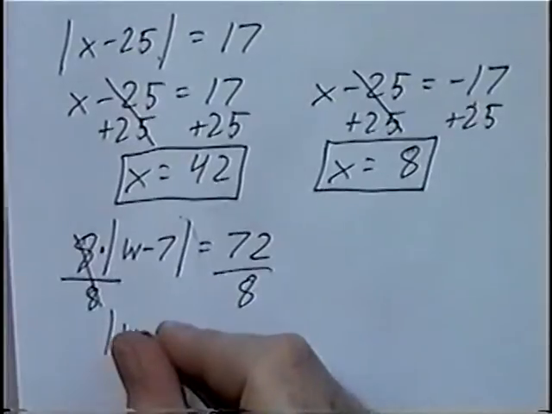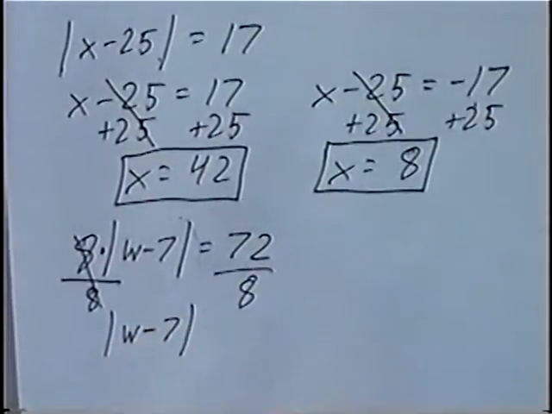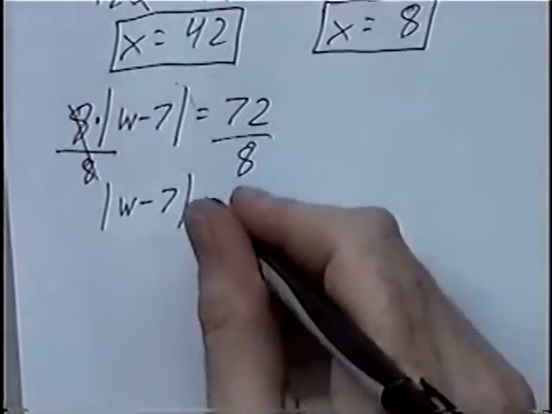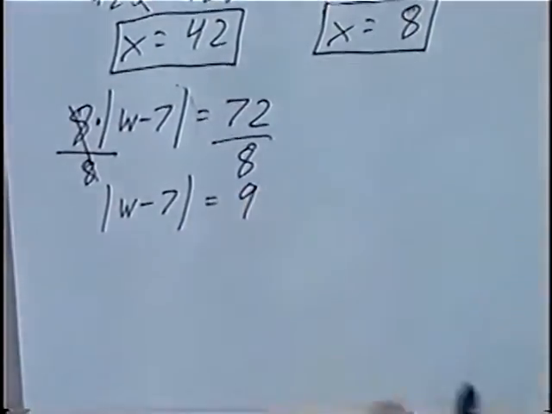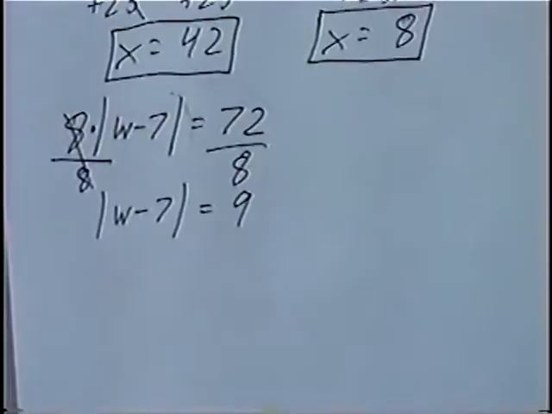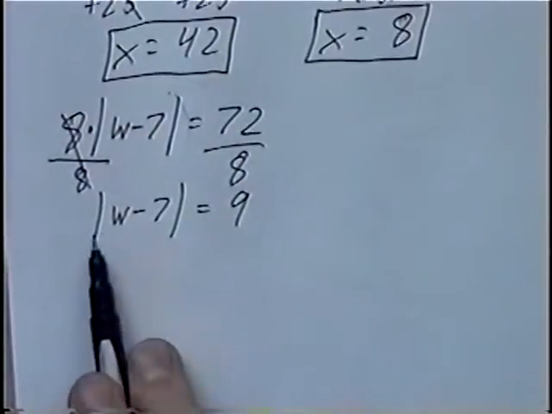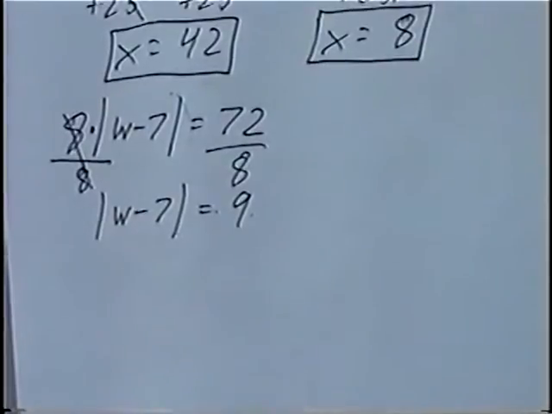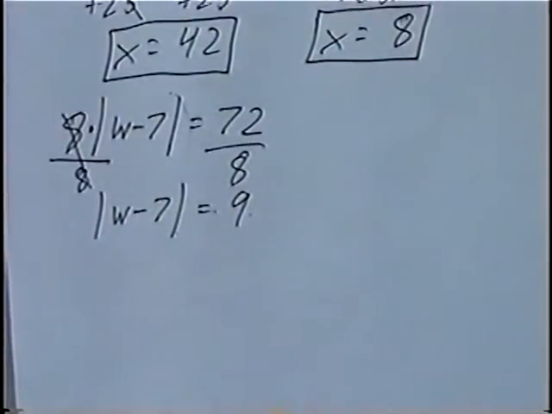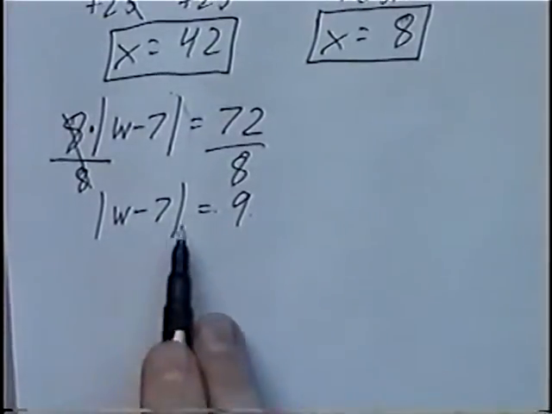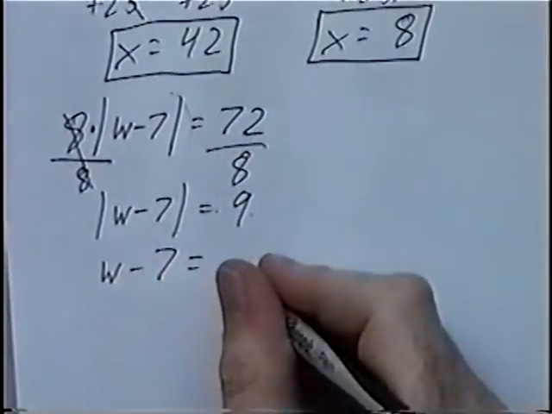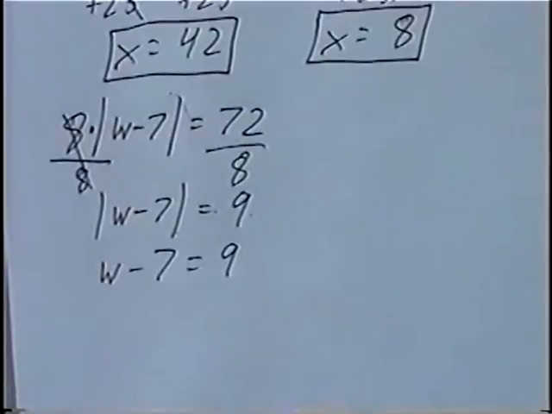That way we're left with just the absolute value on one side, w minus 7, and equals 9. From here, when you have the absolute value equal to a number, to find the two possible solutions, we can remove the absolute value signs, which will be w minus 7 equals 9.